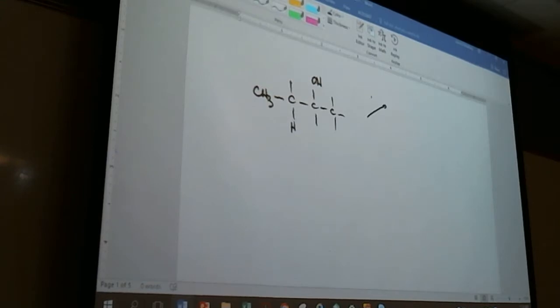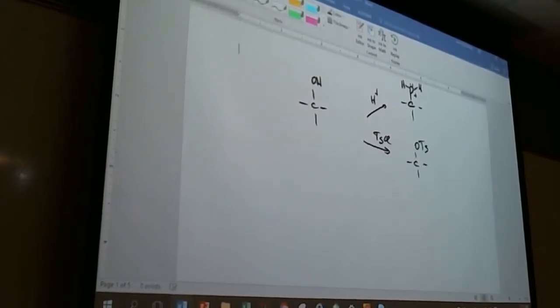If I add this to acid, my leaving group is now water, right? If I put tosyl chloride, my leaving group is a tosylate. If I put, let's say, PBr3, my leaving group is now a bromide.